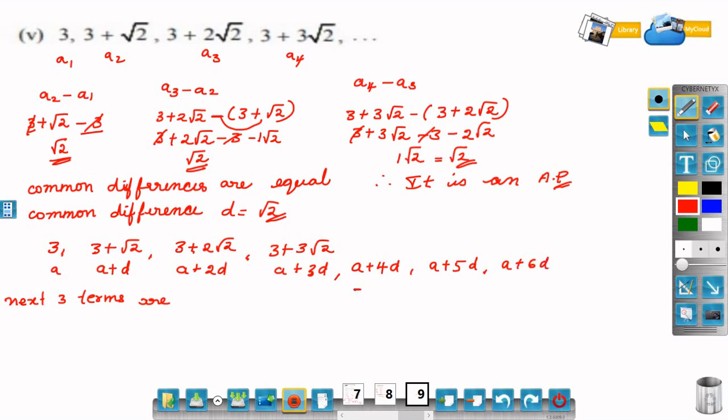A plus 4D means, what is A? 3 plus 4, what is D? Root 2. A, 3 plus 5 D, root 2. A, 3 plus 6 root 2. So the next three terms are 3 plus 4 root 2, 3 plus 5 root 2, 3 plus 6 root 2. It's easy.